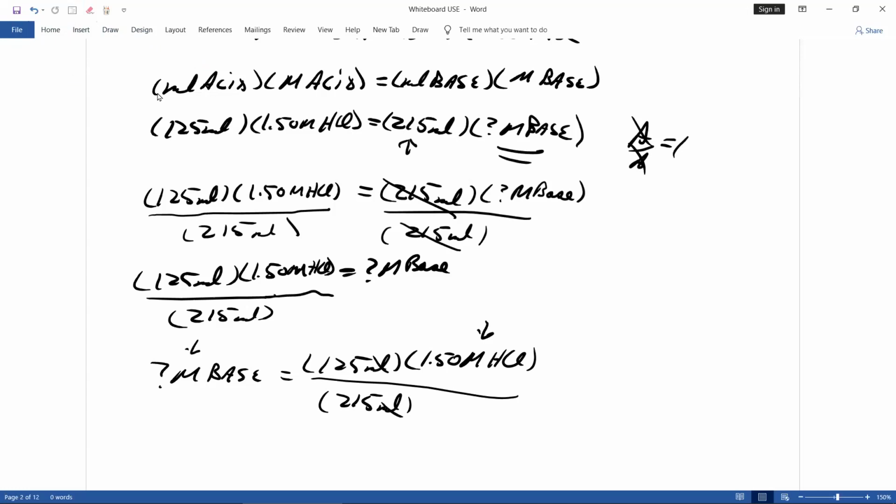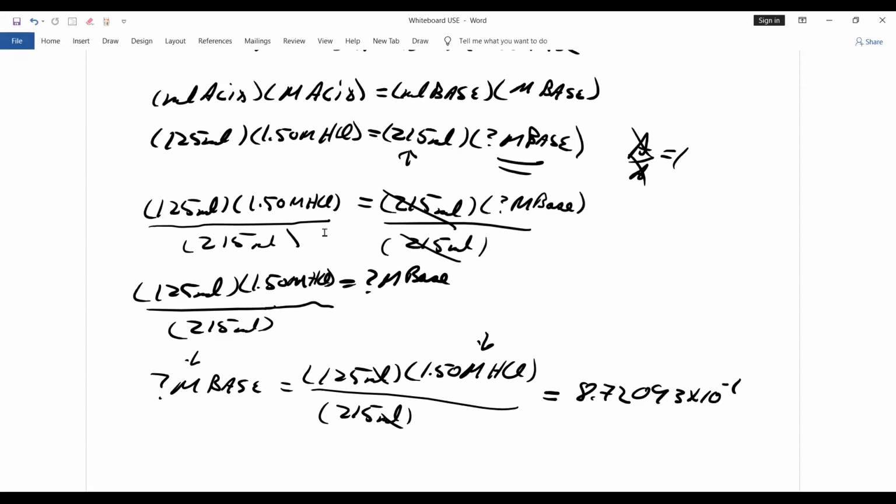And now I'm going to pick up my calculator. I have 125 times 1.50 divided by 215 equals, and this is what my calculator shows me, but I know I have to do proper significant figures.